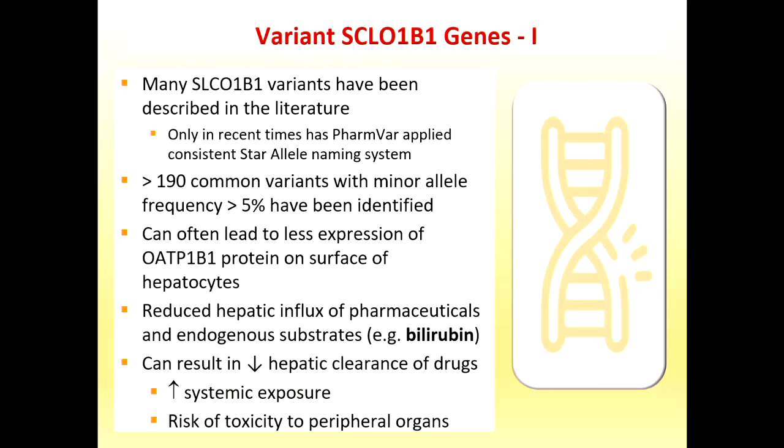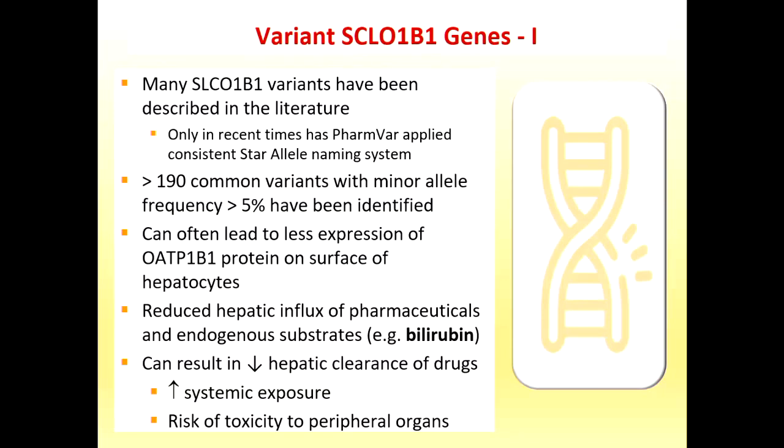Okay, so there's a lot of variability in human populations at this particular locus, and like I said, it's only in recent times that the Pharmacogenomics Variation Consortium, an international body of scientists and clinicians, have started to try and bring order to this crazy area of science and bring standard ways of naming allelic variants to SLCO1B1, because for a long time people in the P450 and enzyme pharmacogenomics field didn't talk to the people in the transporter field, so they never came up with a systematized standard nomenclature.